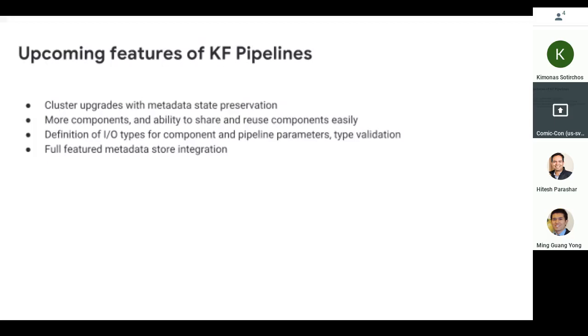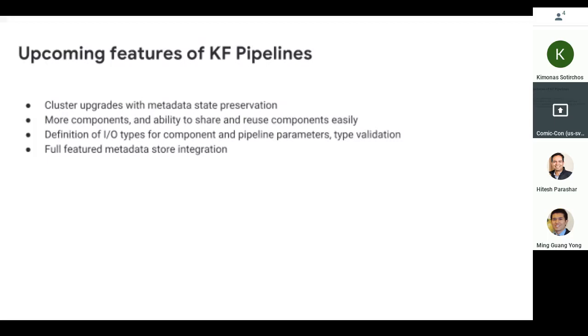You can upgrade the cluster in place without losing the state, so all the metadata store data about your tracking information about the experiments and runs will be preserved during this upgrade. Like I said, more components will be coming, and the ability to share and reuse those components.